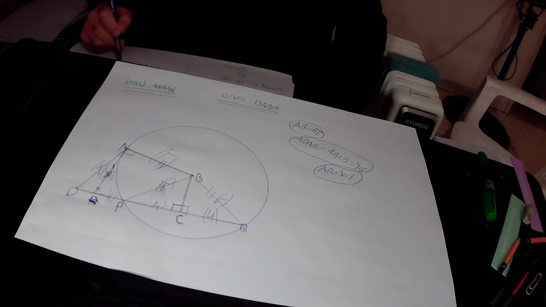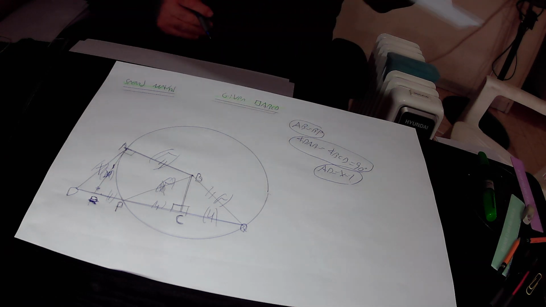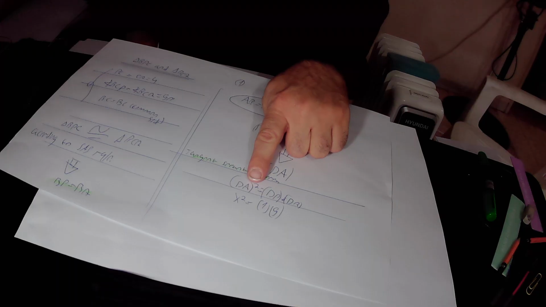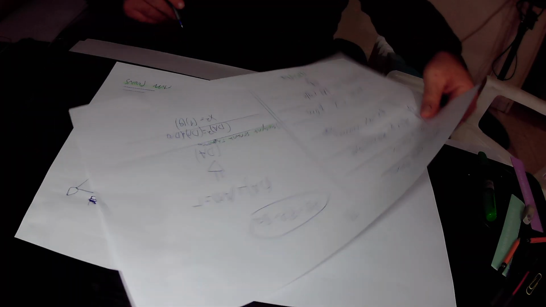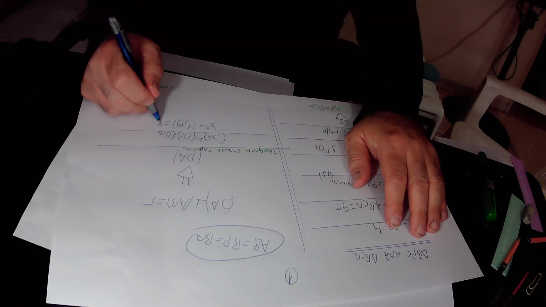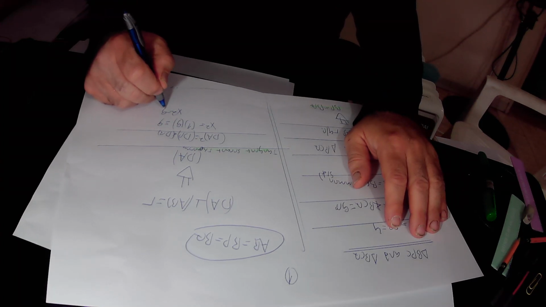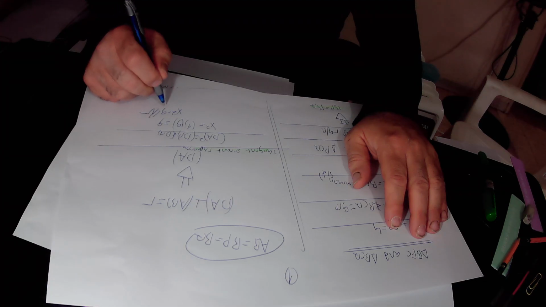So in total, we found that x squared equals 1 times 9, that is 9. x squared equals 9. Here we take the root of this equation and find that x equals the square root of 9, that is 3.